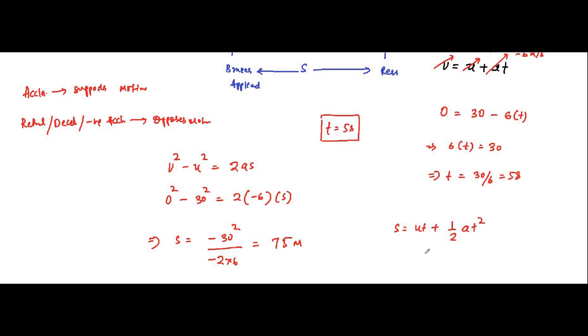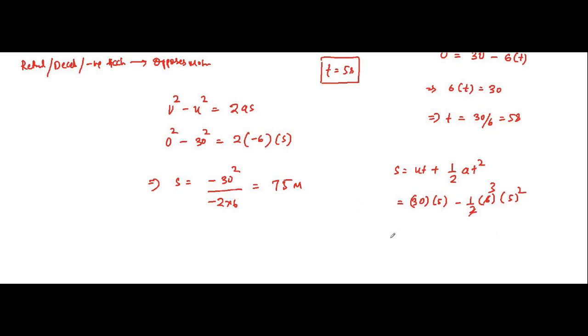That way also we would have got the same result. u is 30, times time 5, minus 1 by 2 into 6 into 5 square, so it is 150 minus 75, which is equal to 75 meters.